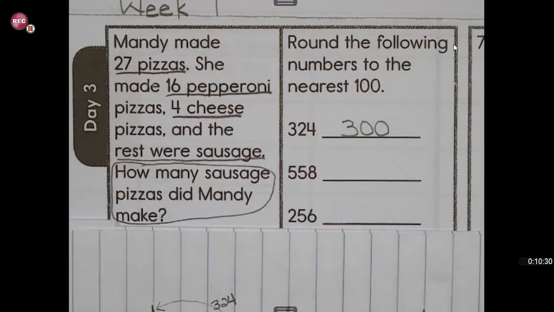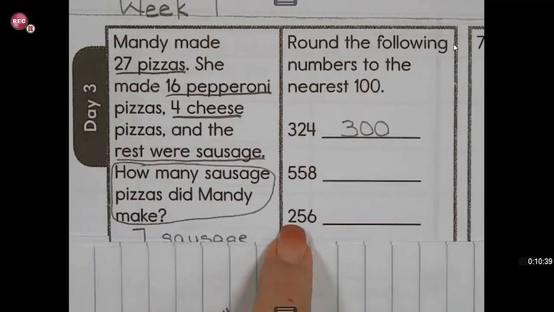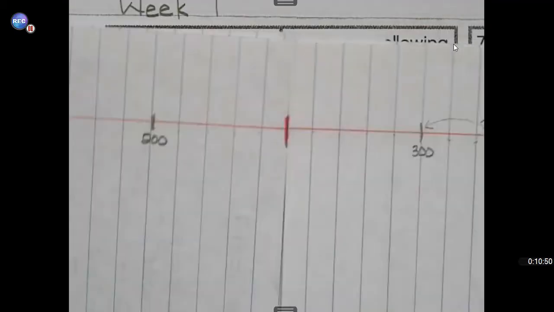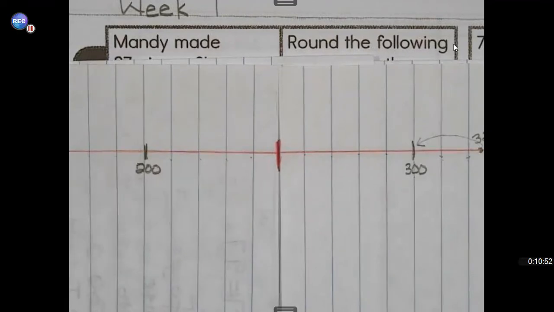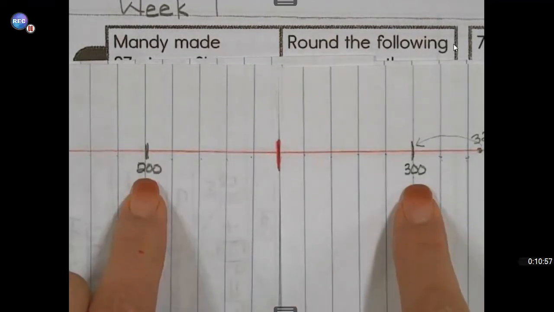So now I'm going to skip 558 for just a moment, and I want to think about the number 256. So again, we look at the hundreds place, 200, and the next 100 is 300. So 256 is going to lie between 200 and 300.